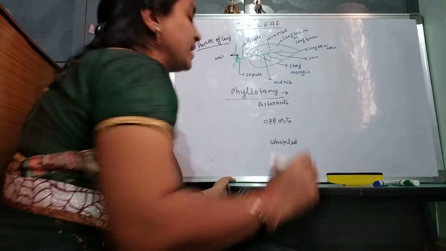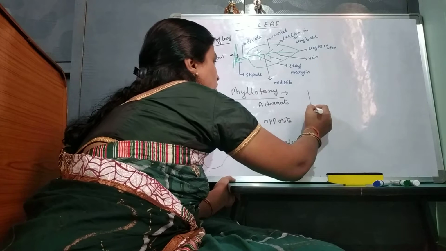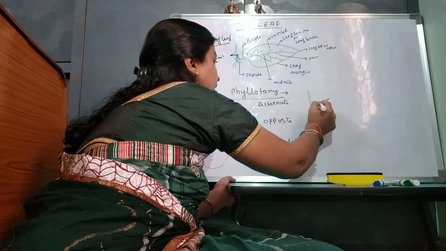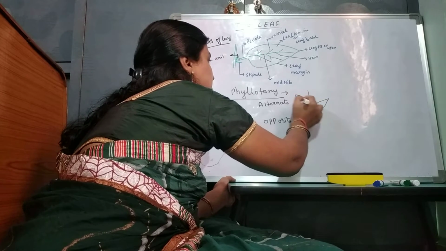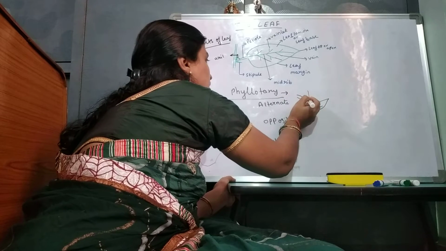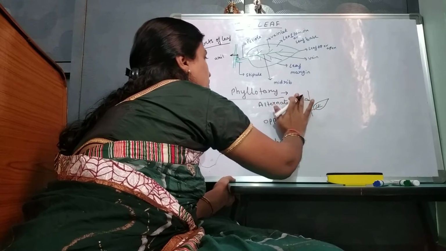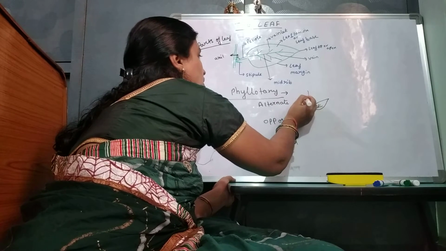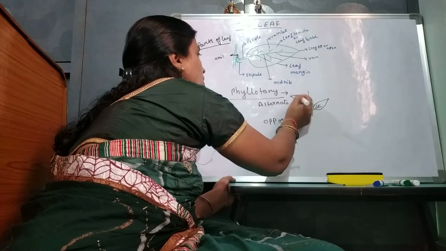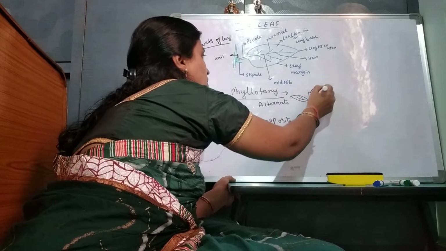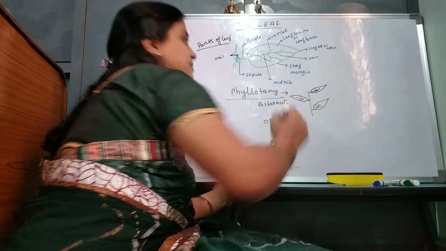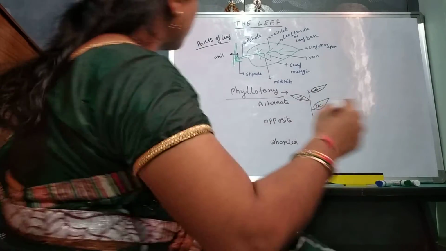In alternate phyllotaxy, at every node a single leaf arises, on either side of the stem or branch, like this.